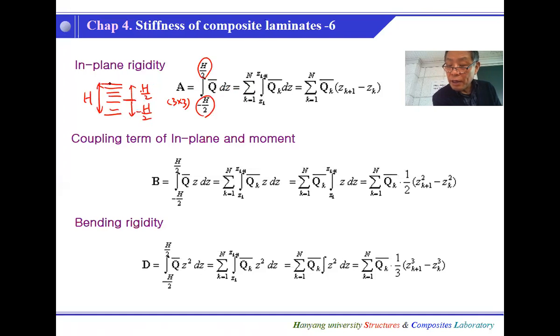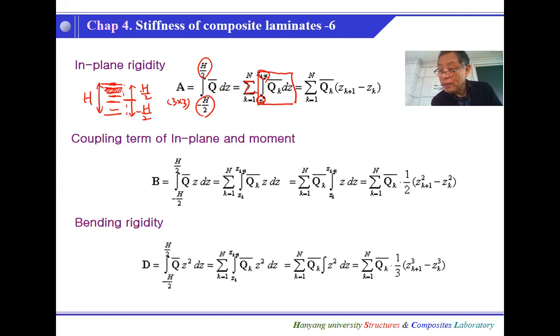Well, each ply has a different Q. So what we need to do is, for example, pay attention to just one ply. This is the integration of one ply, and then we can sum this integration over all plies.